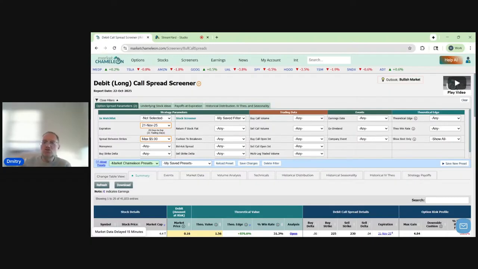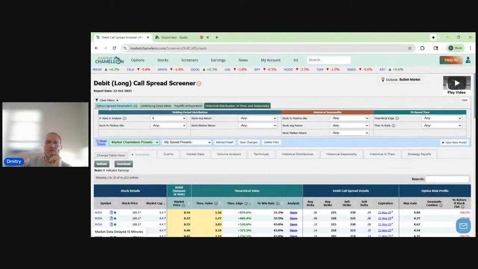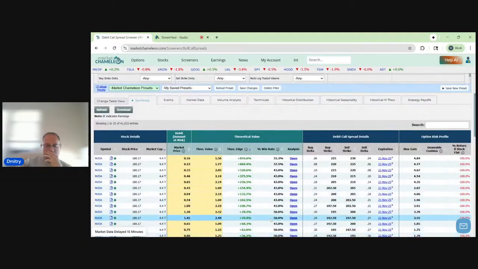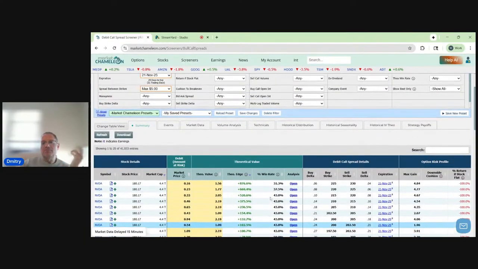You see up top, we're on the call spread screener right now. We have the filters above that we could tab through, and we have the data elements below. From left to right, we have the symbol, stock price, market cap, and some statistics on theoretical values that we talked about yesterday.